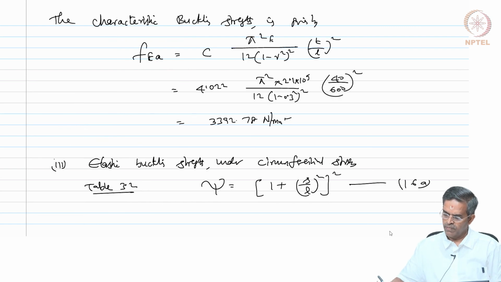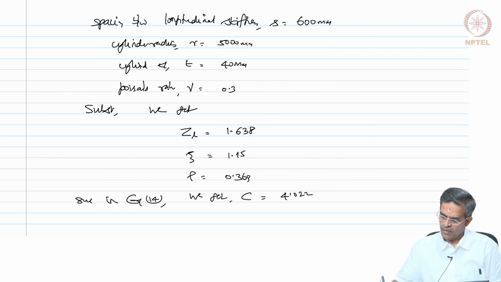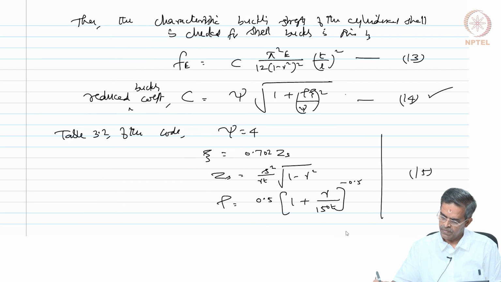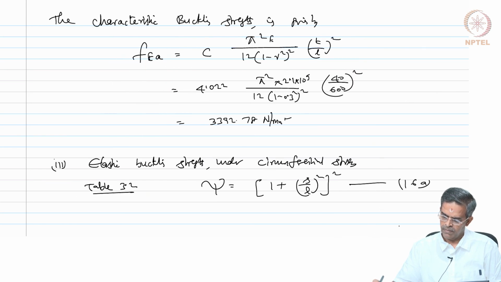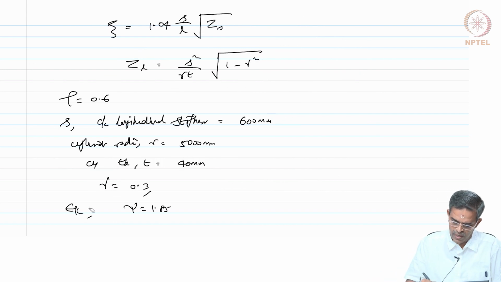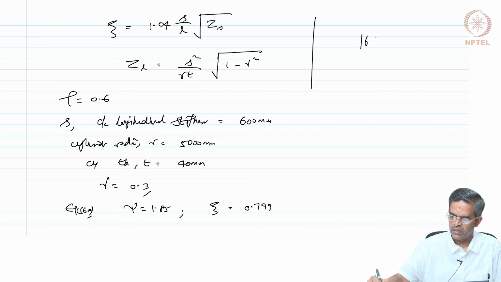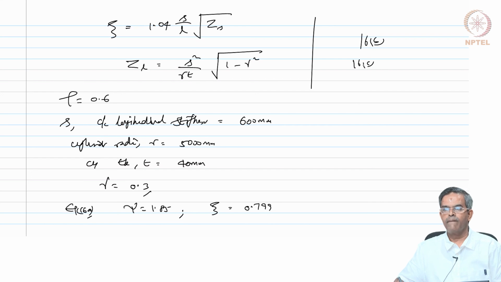Equation 16A gives psi as 1.85 and zeta as 0.799, and these are all equations 16B, 16C and so on. Okay.